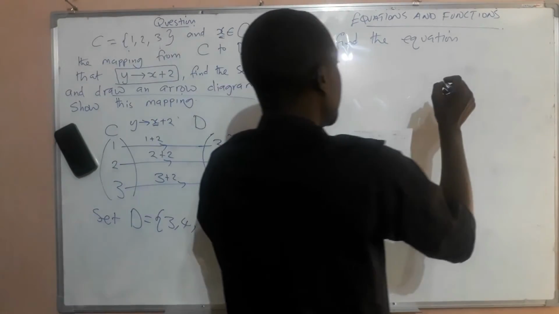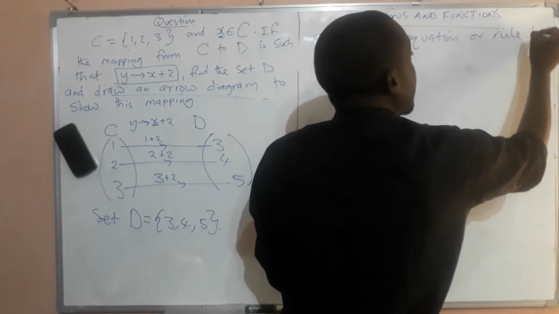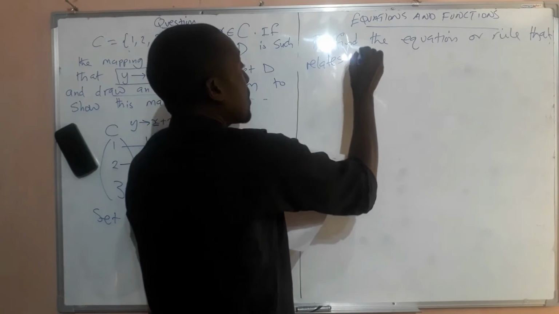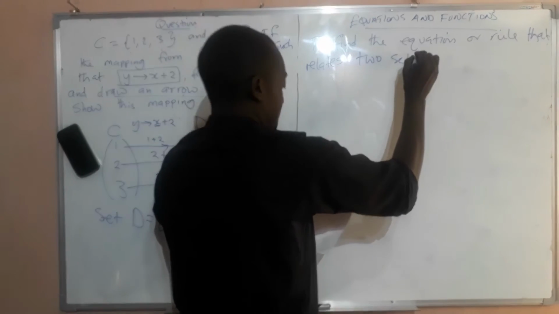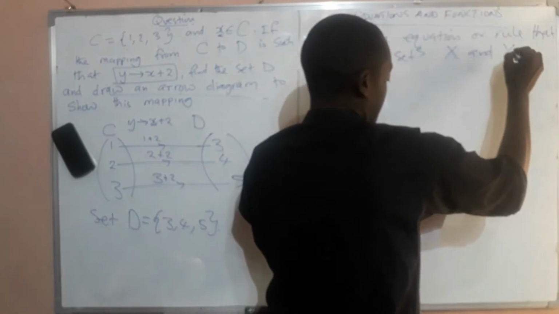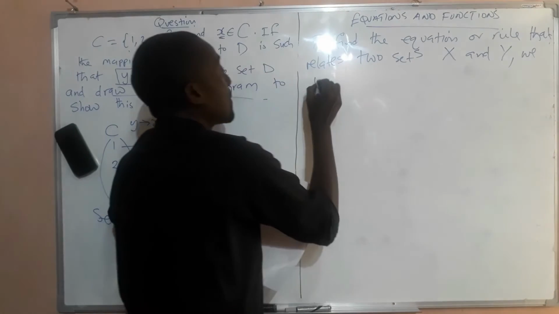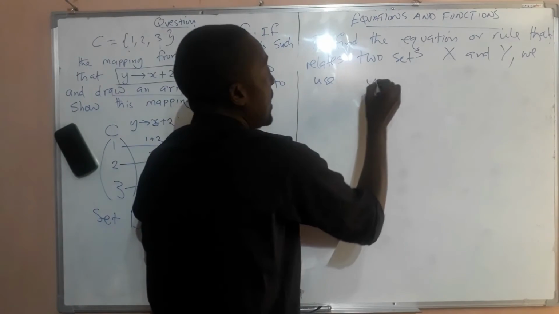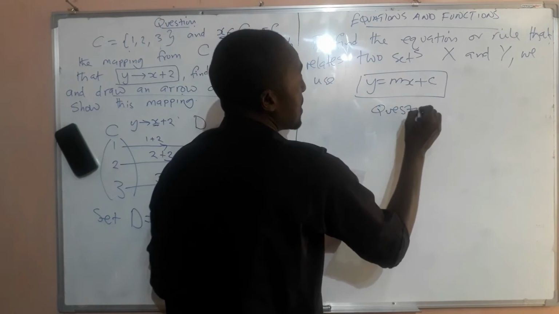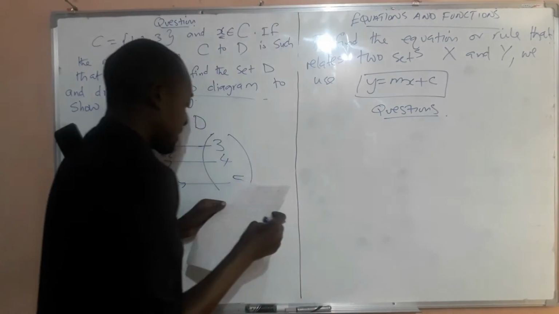So to find the equation or rule that relates two sets X and Y, we use Y is equal to mx plus c. Okay, this is a very important equation that we use here. So let's look at some questions or examples that will help us to understand this.